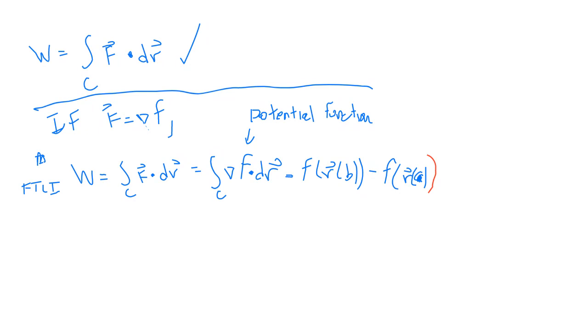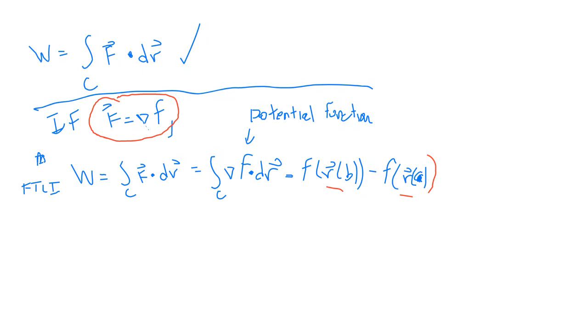The particle follows some path in space. We evaluate the function at where the particle ends minus the value of the function where the particle begins. It's that simple. But it's only in the case where the vector field F can be written as the gradient of some potential function.